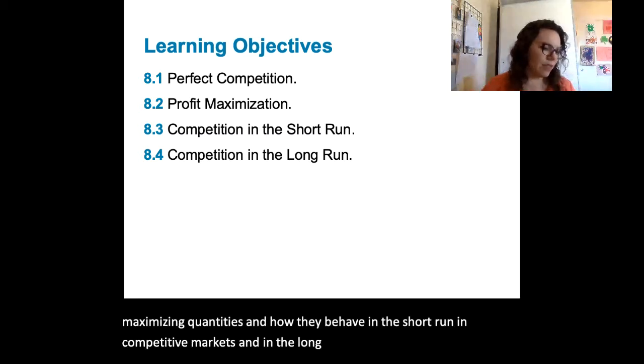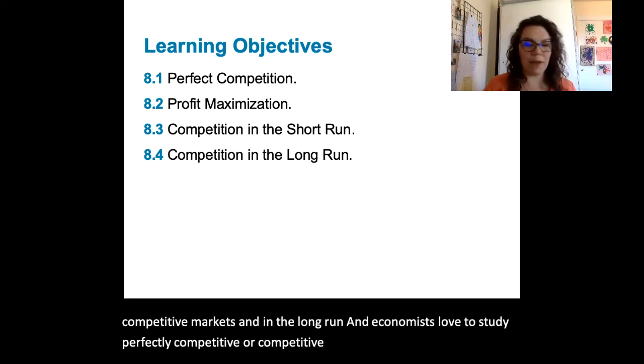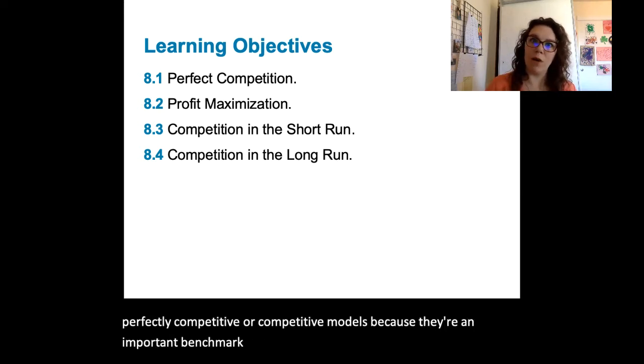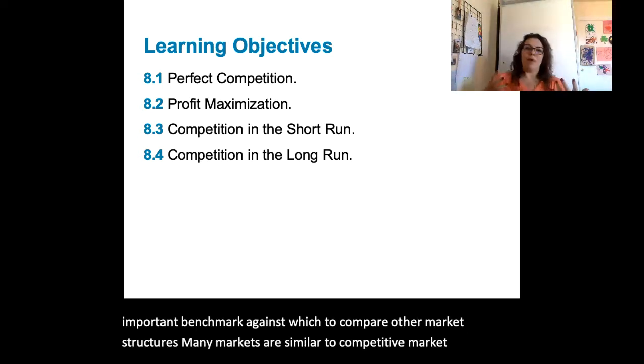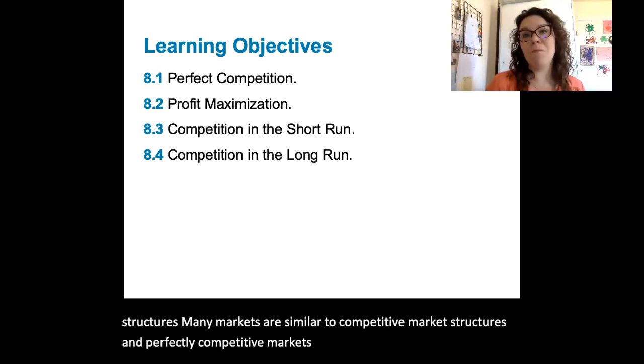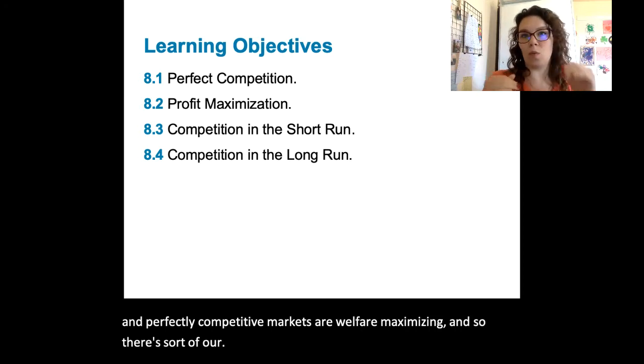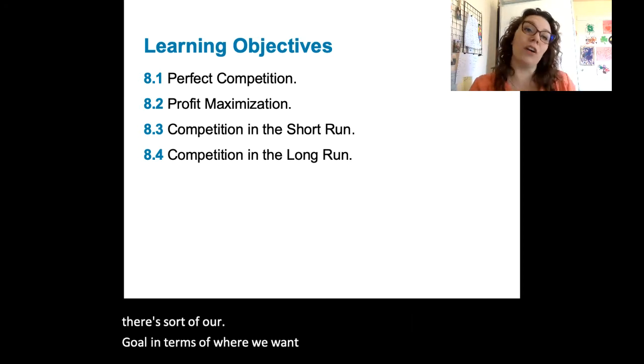And economists love to study perfectly competitive models because they're an important benchmark against which to compare other market structures. Many markets are similar to competitive market structures, and perfectly competitive markets are welfare maximizing. And so they're sort of our goal in terms of where we want other markets that are less competitive to be.